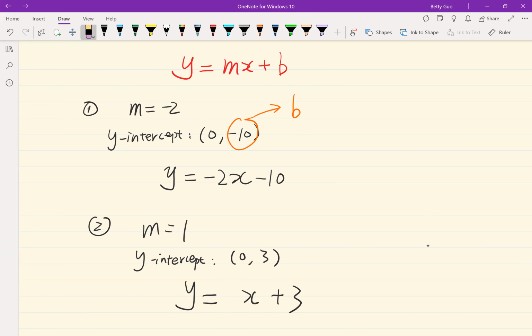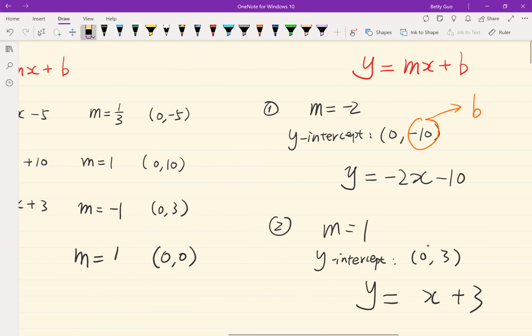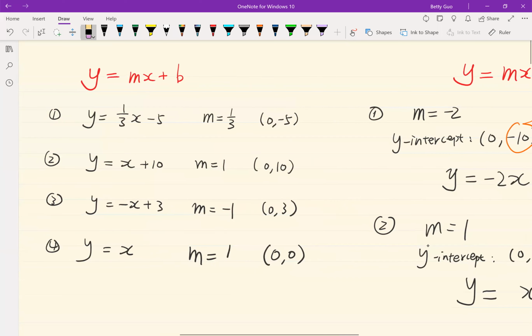Does that make sense? From those two practices, we get familiar with the formula. And the formula is y equals mx plus b. That's the second form of a linear equation in two variables. The first form we learned is called the standard form, right? The standard form is right here. ax plus by equals c.